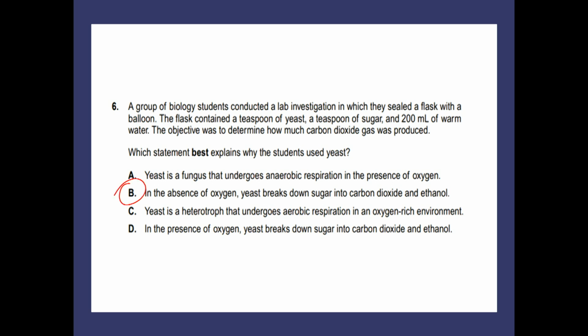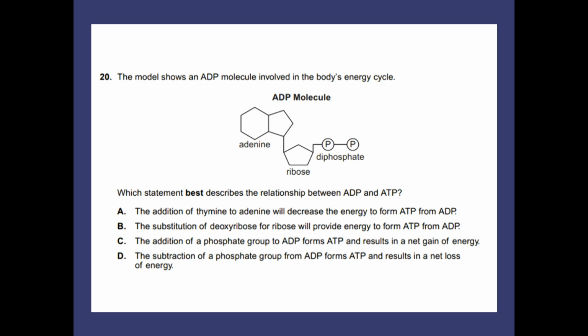In the absence of oxygen, yeast breaks down sugar into carbon dioxide and ethanol. This is a process that some people use to ferment, and you can make wine and other alcohols using this yeast, because when it doesn't have oxygen, it breaks down sugar and makes ethanol and carbon dioxide. Great, let's go on to the next one.